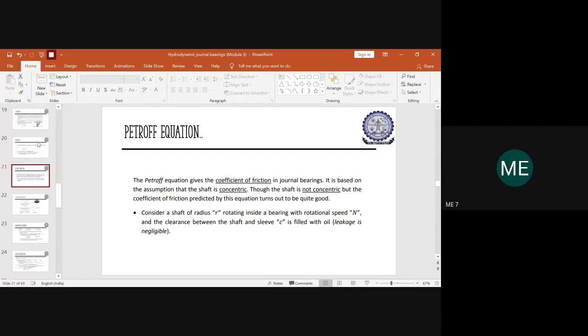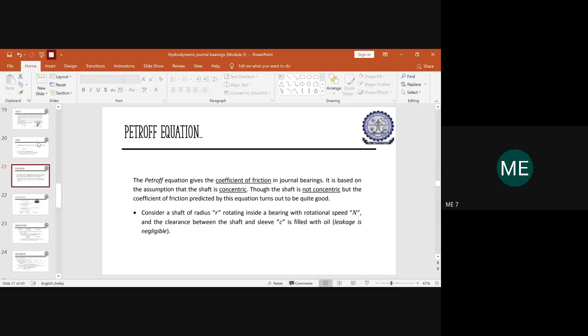So now we are correlating the known concept of journal bearing with the coefficient of friction in the form of a particular equation which was derived by Petroff, and hence the name Petroff equation. This basically provides you the value of the coefficient of friction associated with any journal bearing.